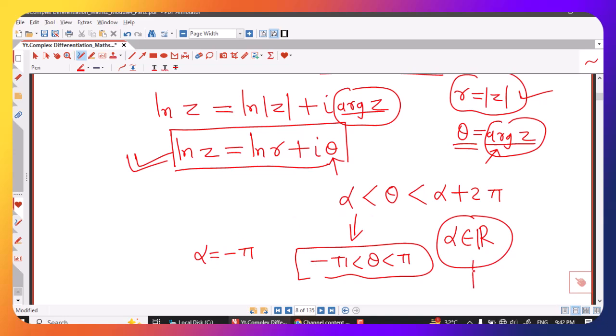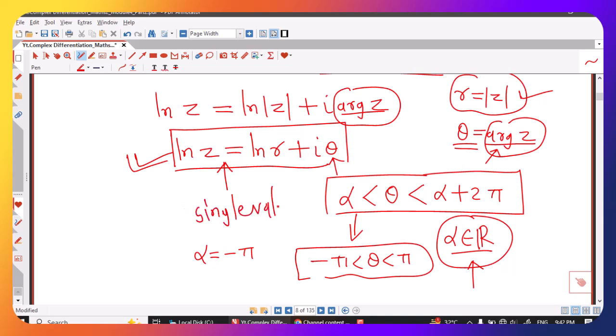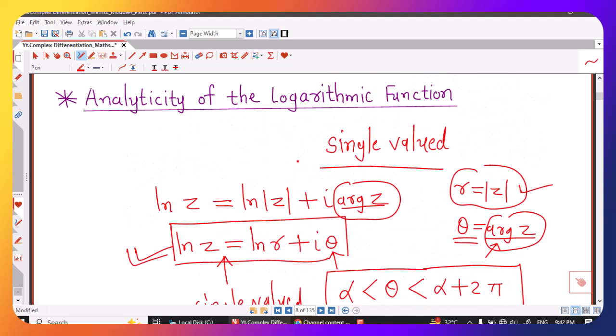So in general, suppose alpha is any fixed real number, and if we restrict the argument to be between alpha and alpha plus 2 pi, then this function becomes a single valued function, and we can talk about analyticity of that single valued function.